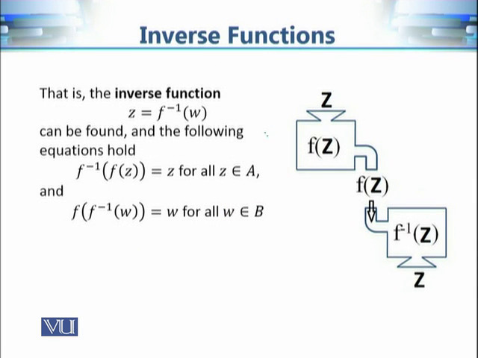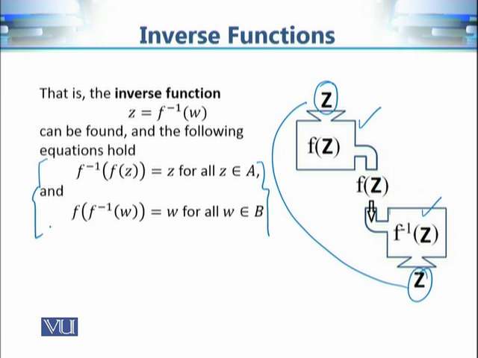So in other words, if we are given a function which is this box, and we are given an inverse function which is this box, then when we take the output from this box and put that output as input to the inverse function, we again get the same output which was our initial input. Similarly for the other procedure, when we start from f inverse and then f. So these are two mathematical conditions that say when a function is inverse.